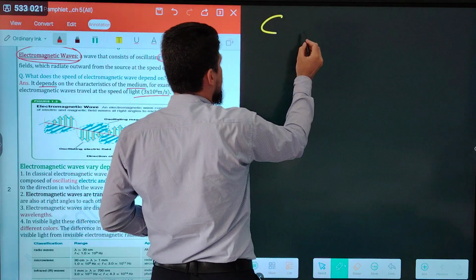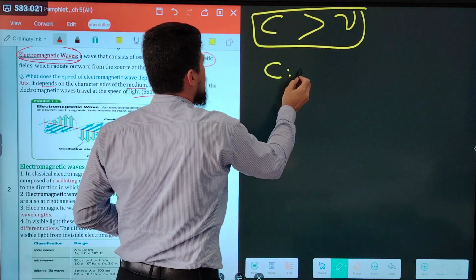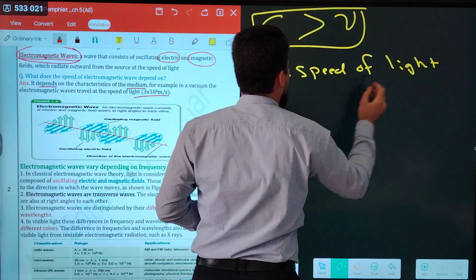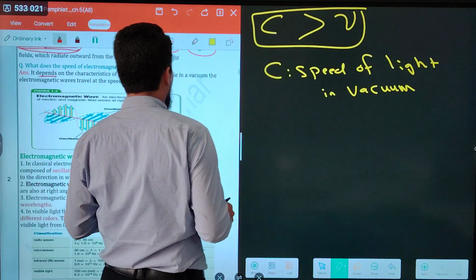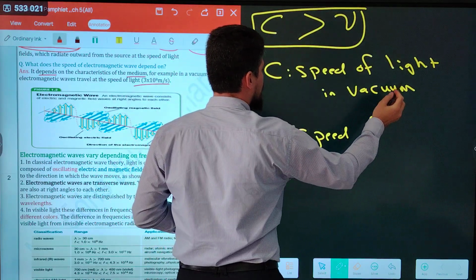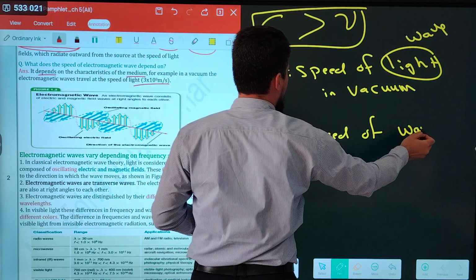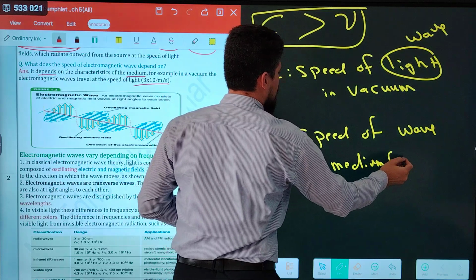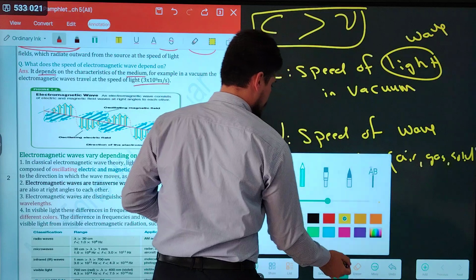Guys, C is the symbol of the speed of light, always bigger than V. What is C? What is V? C is the speed of light in a vacuum, but V is the speed of wave or light, it doesn't matter, in a medium such as air, gas, or solids.